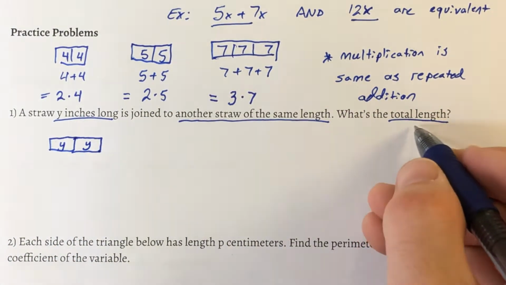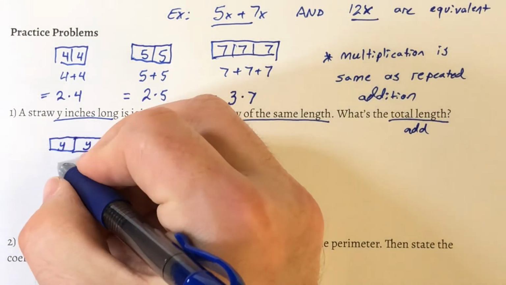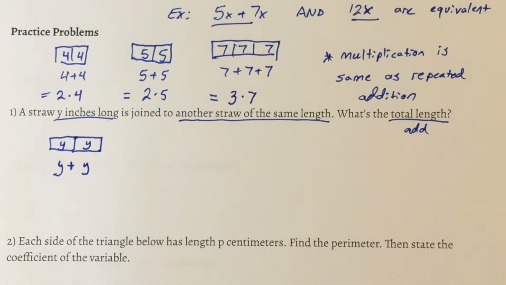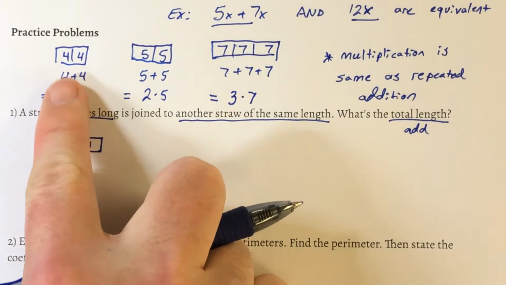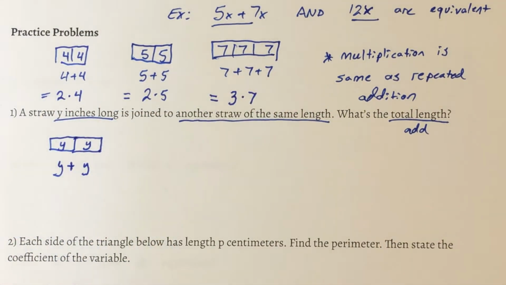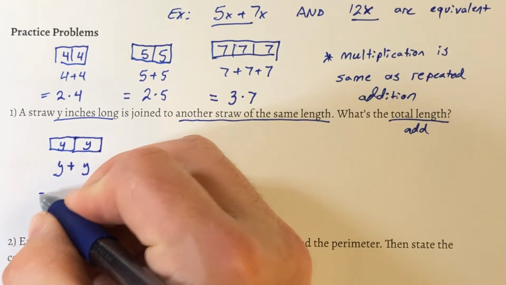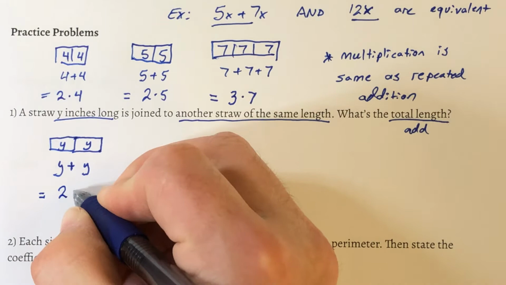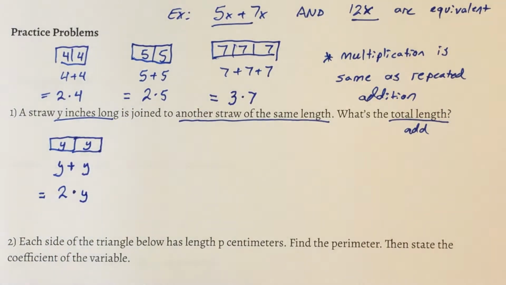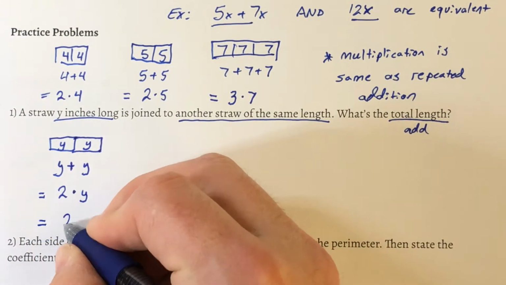Now, how do I find the total? Total means add. So what do I have? I have y plus another y. Now, just like up here, when I have repeated addition, you can use multiplication to show that. So what is y plus y? Well, that's the same as having 2 of them, and of means multiply. So that's the same as having 2 times y. What is 2 times y? It is simply 2y.